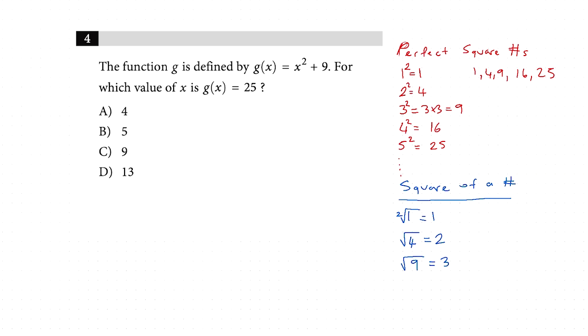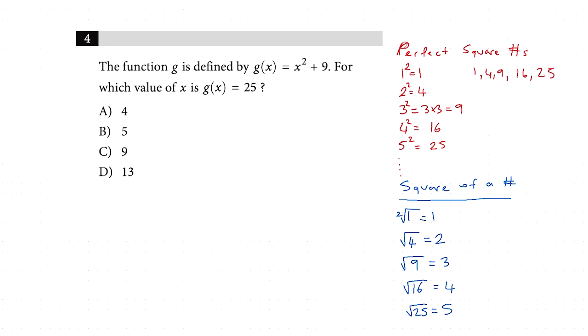The square root of 16 is 4. How about the square root of 25? It is 5 times 5, that's why it is 5. So there is a very strong relationship between perfect square numbers and square roots.